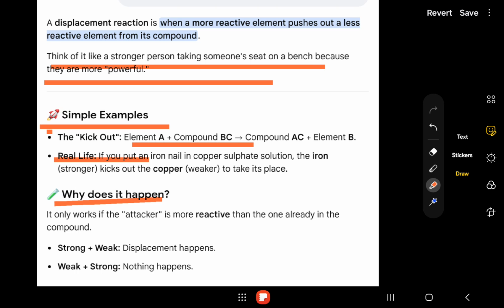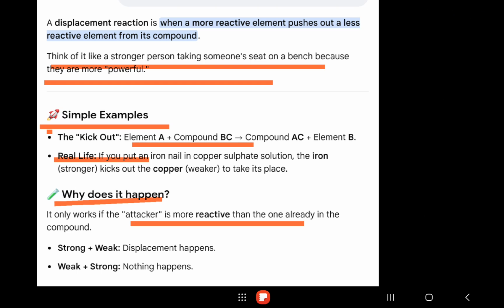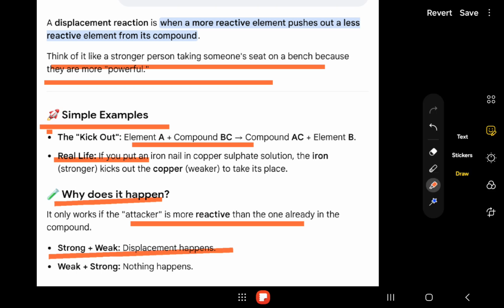In a displacement reaction, it only works if the attacker is more reactive than the one already in the compound. So displacement reaction means strong plus weak, displacement happens. Weak plus strong, nothing happens.